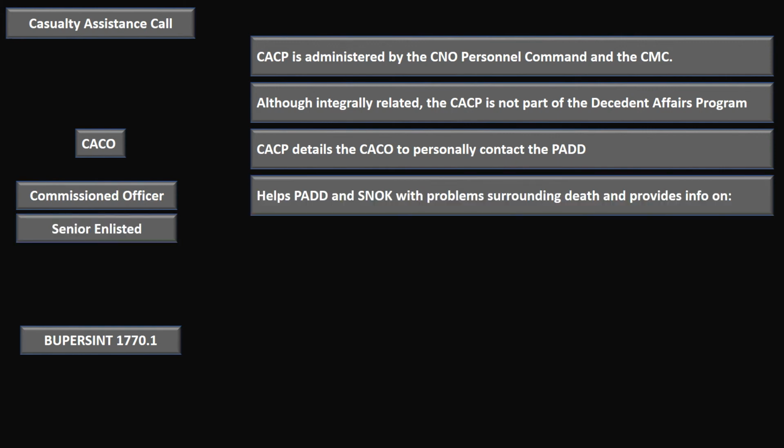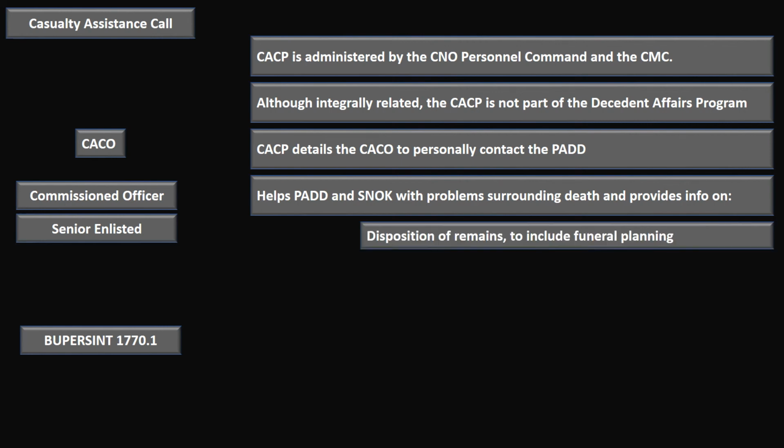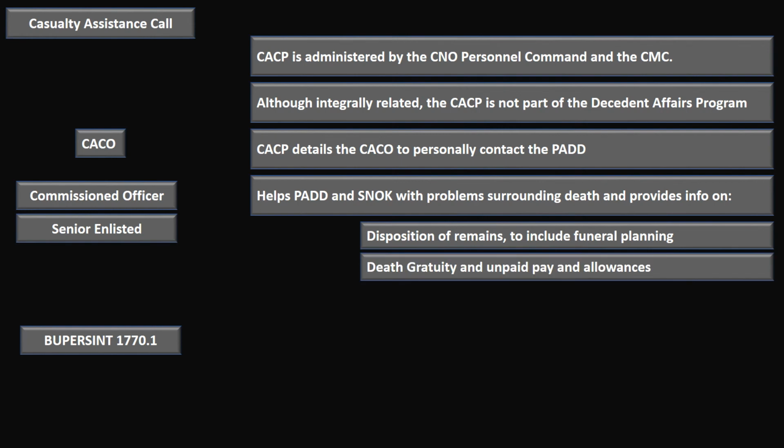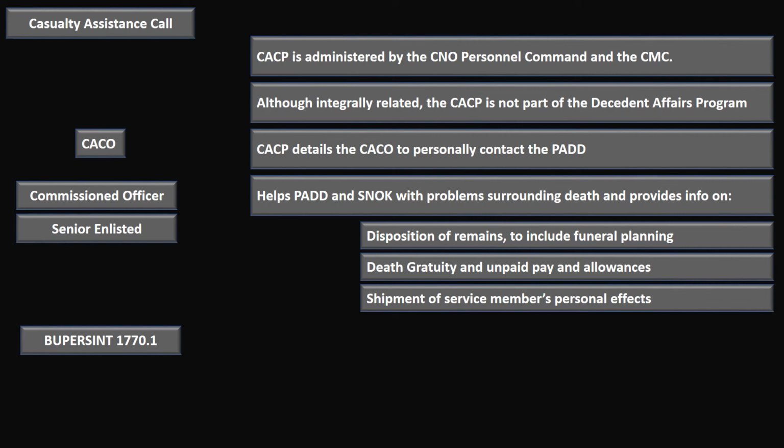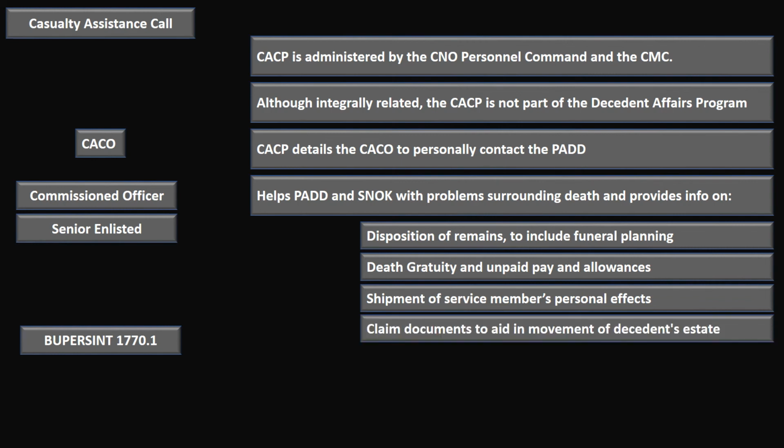They are responsible for helping the person authorized direct disposition and the secondary next of kin with any problems surrounding the death, and they provide information on the disposition of remains to include funeral planning, death gratuity and unpaid pay and allowances, shipment of the service member's personal effects, and claim documents to aid in the movement of the decedent's estate, like wills, bank accounts, property, savings bonds, or any other kind of commercial insurance.